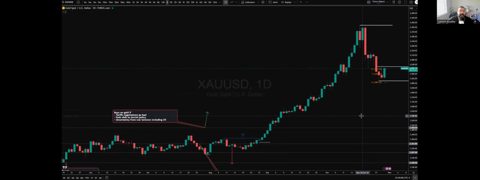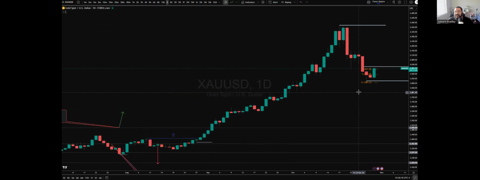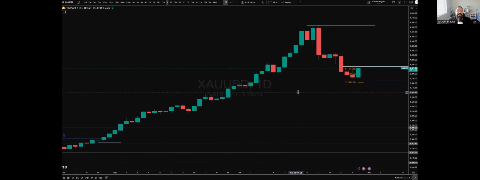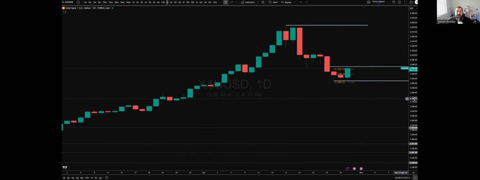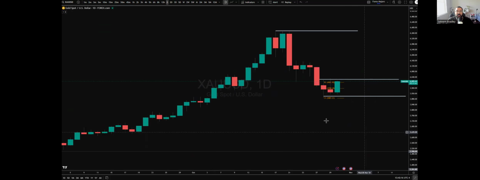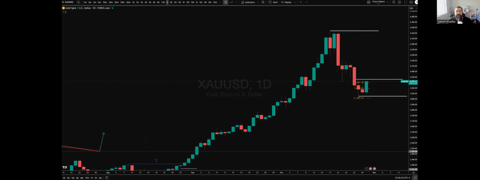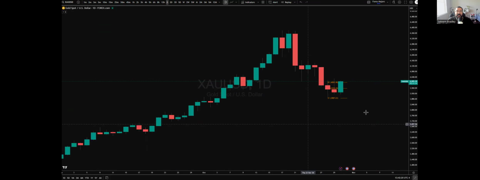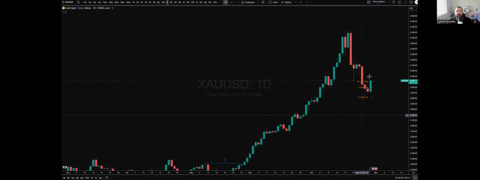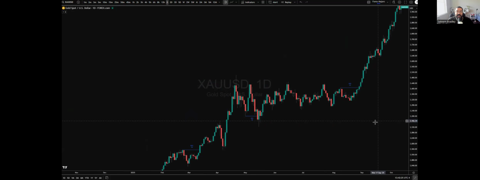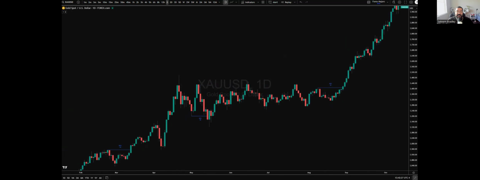But when I like to look at support resistance areas, the higher time frames are really good because when we approach a certain level on a higher time frame, it gives us a higher probability that the markets might do something at that zone.